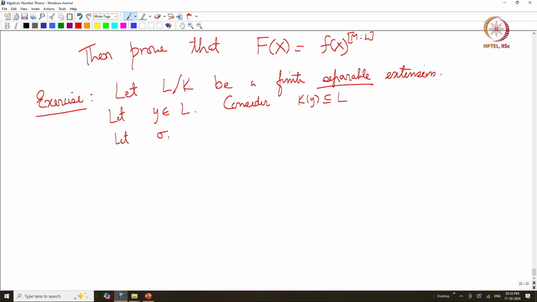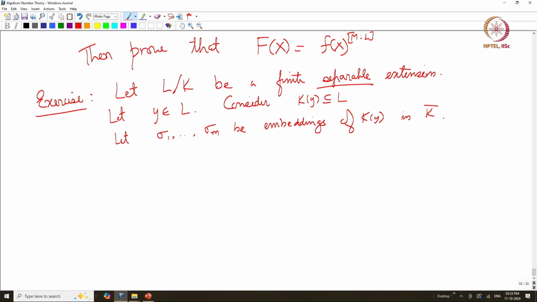So, let sigma 1 up to sigma m be embeddings of K(y) inside K bar, the algebraic closure.